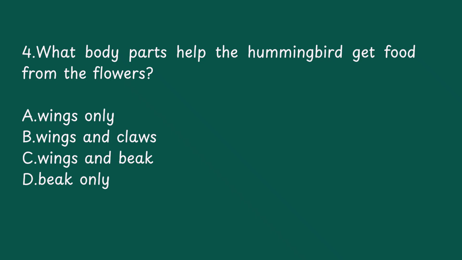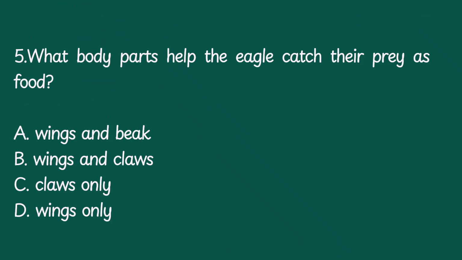A. Wings only. B. Wings and claws. C. Wings and beak. D. Beak only. 5. What body parts help the eagle catch its prey as food? A. Wings and beak. B. Wings and claws. C. Claws only. D. Wings only.